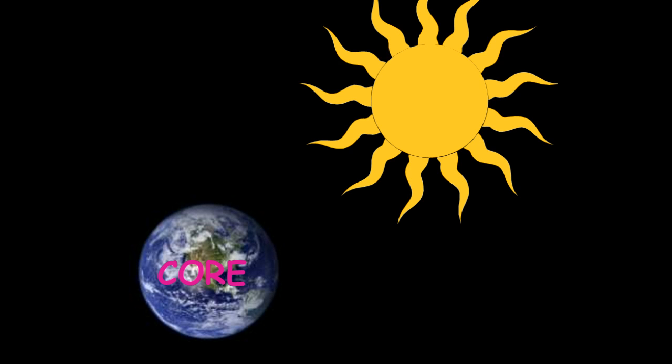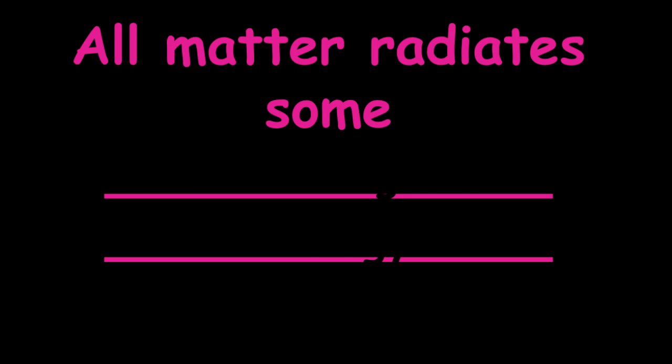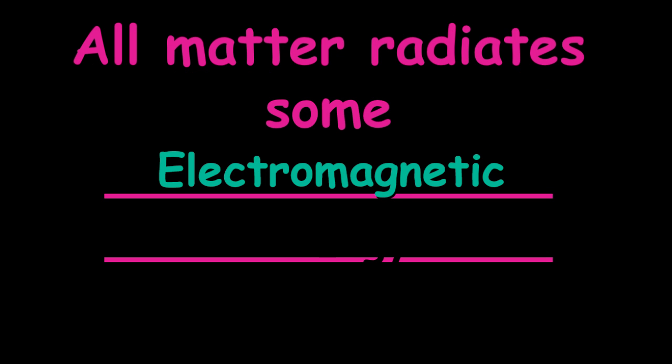But for right now, when we learn about energy, we need to understand that energy is radiated or given off from the sun to the Earth and also from the inner core, reaching the Earth's surface. So it helps drive and sustain life. Now, all matter radiates or gives off some form of electromagnetic energy.